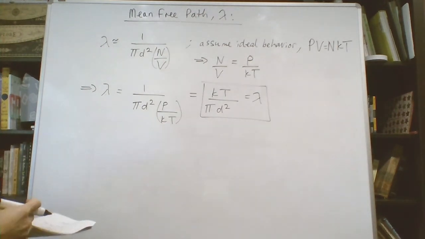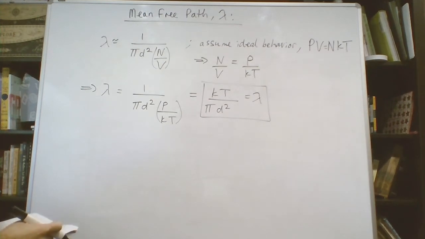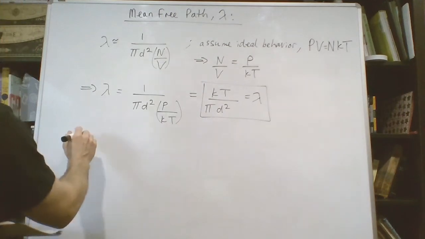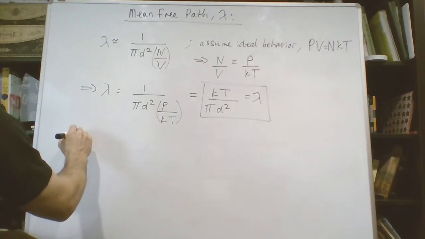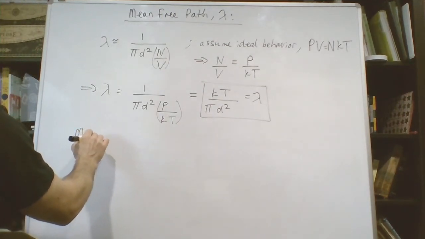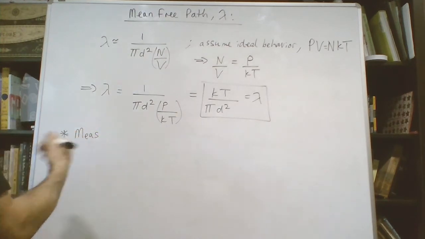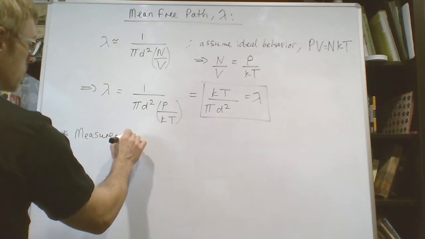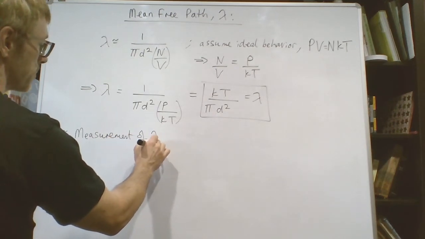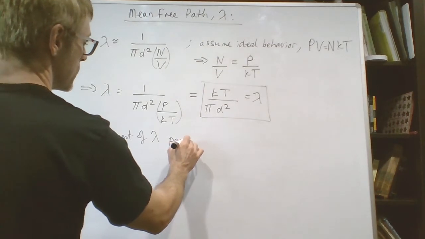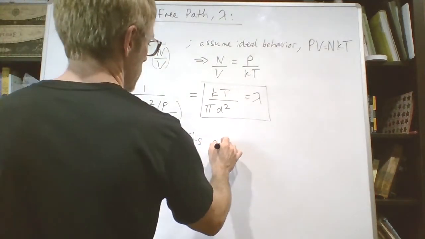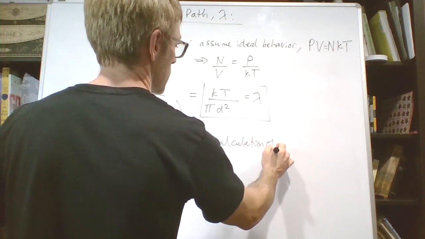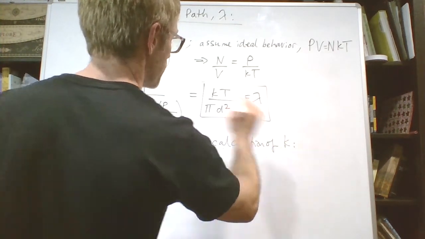I think what's important for us to know now is it allows us to solve for k. So measurement, I would say the big take-home message here, measurement of lambda permits calculation of Boltzmann's constant.